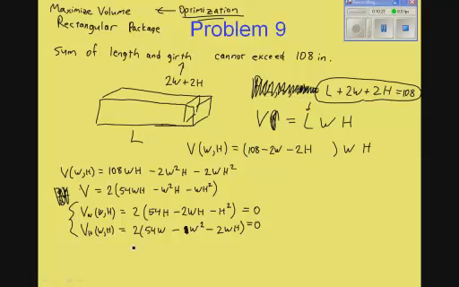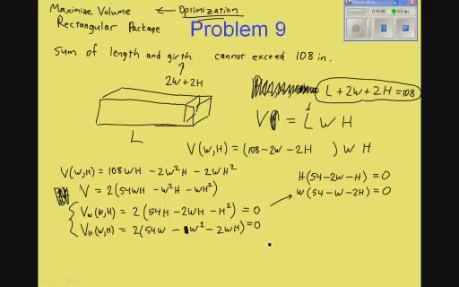Okay, so my system of equations, if I take a look at the first one, I can write H times (54 minus 2W minus H) equals 0. Similarly, I get W times (54 minus W minus 2H) equals 0.